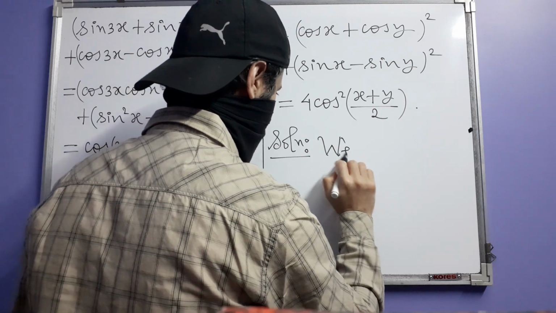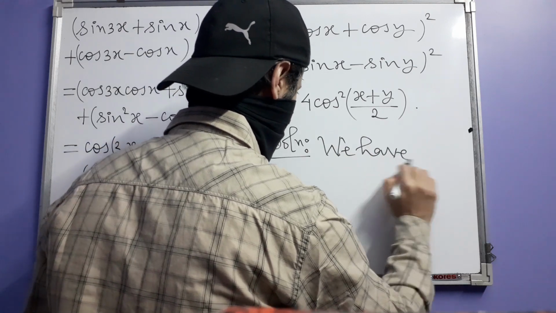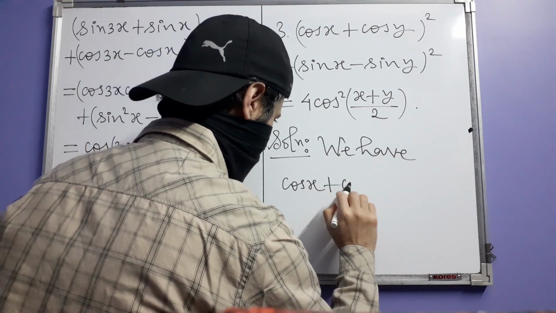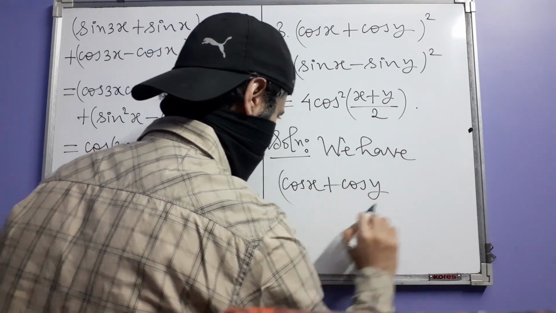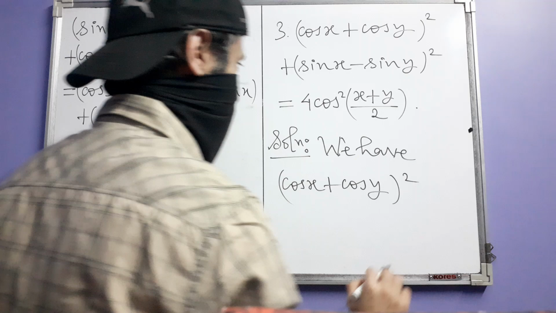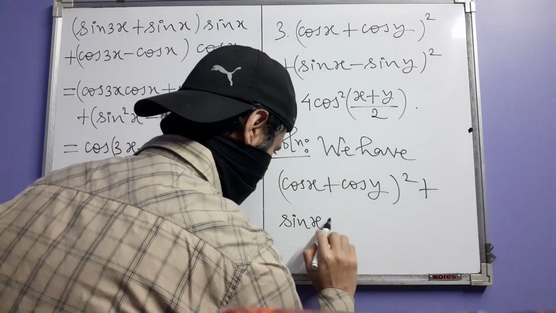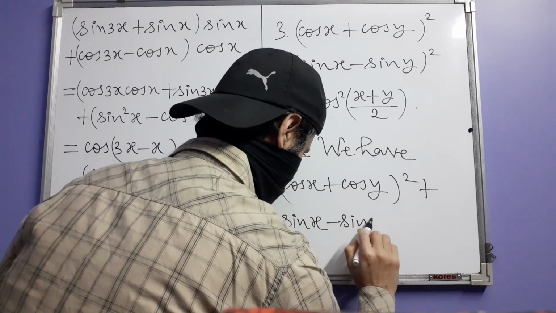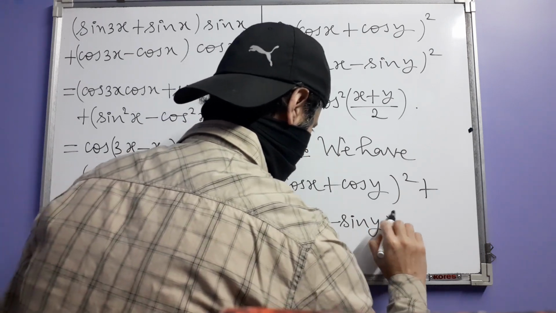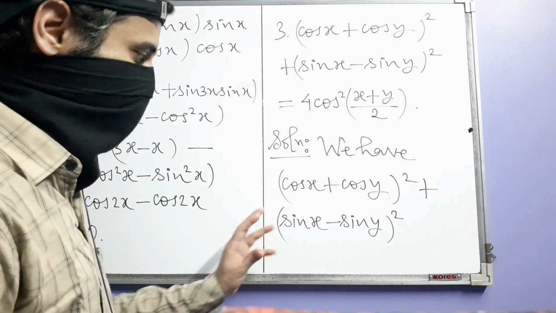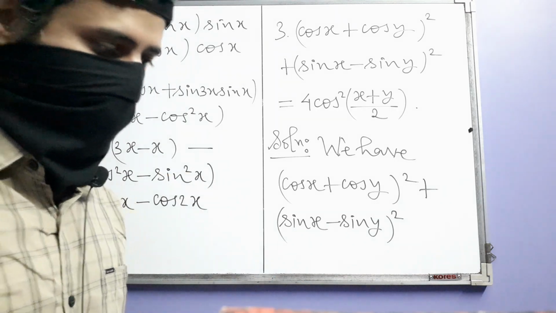We have cos x plus cos y whole squared plus sin x minus sin y whole square. So we are going to expand the squares and also rearrange the terms.